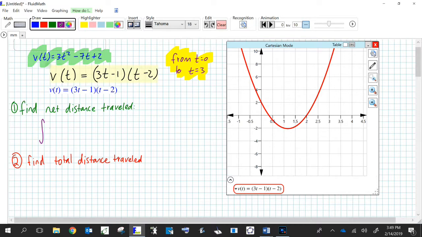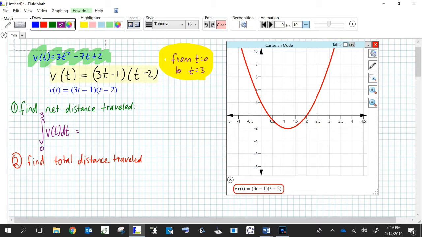From which time? I'm concerned about the time from 0 to 3, so those are my bounds. And what is the function that I'm integrating? v of t dt.